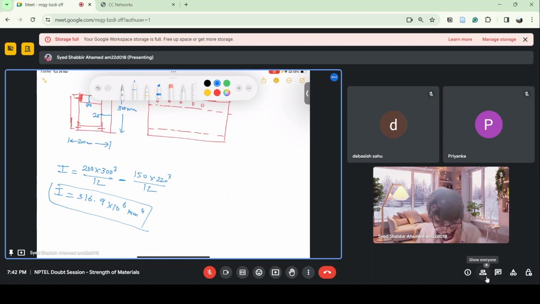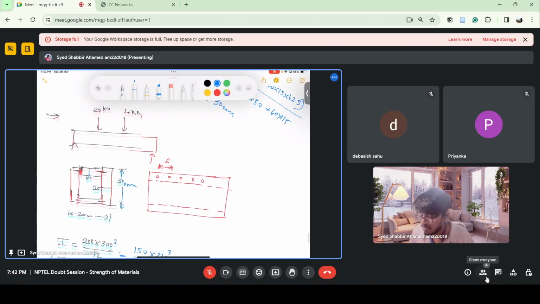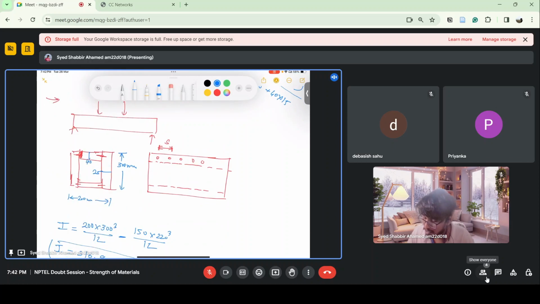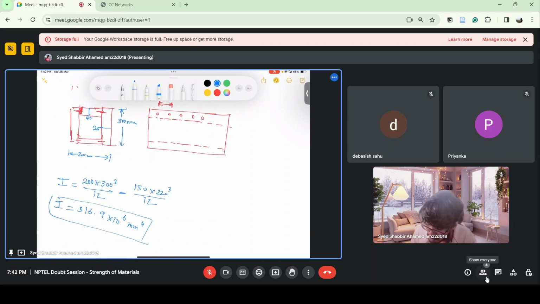Now determine the magnitude of shear flow in Newton per mm that must be carried by the screws. Okay, so shear flow, we have seen, is shear force per unit length.